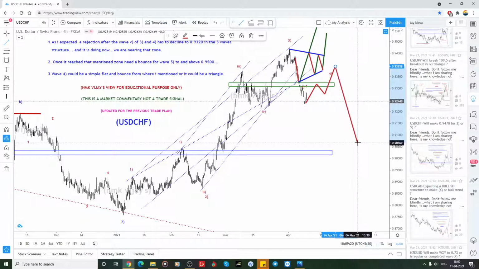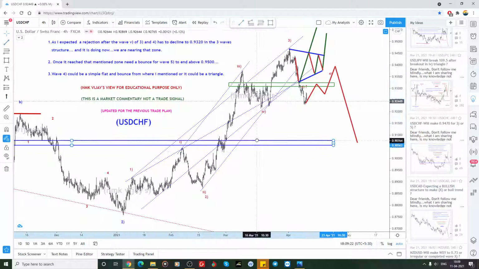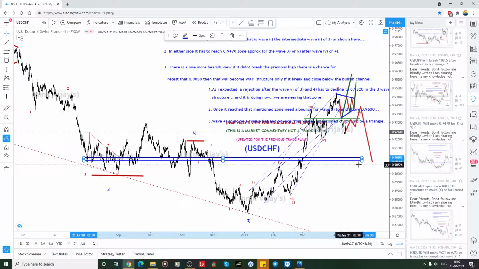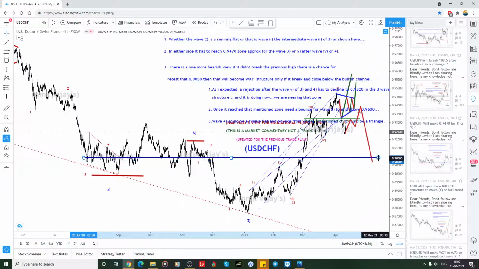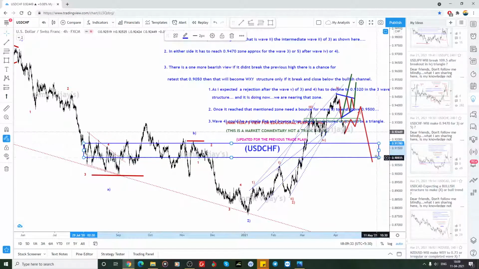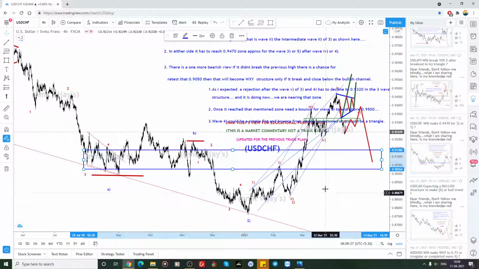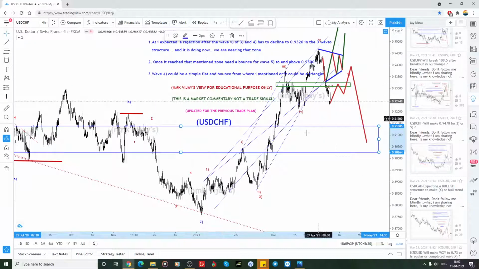Again I am expecting to the downside, maybe this zone it can retest. This is the major support zone now. So again 9080, within this zone, it's not perfectly like that. Within this zone again we may retest this, because it's a wave 1 five-wave structure. So that wave 2 can retest up to 61.8 also sometimes.